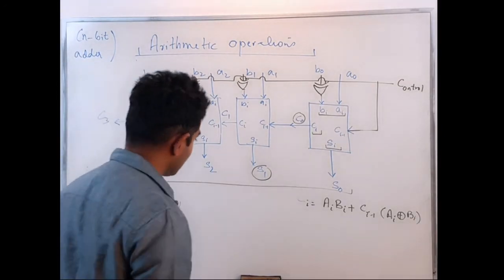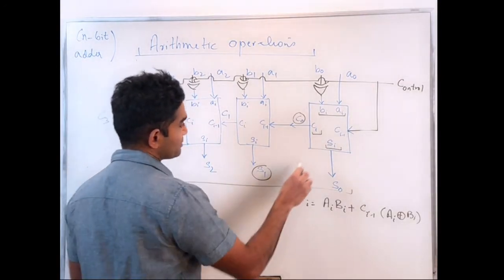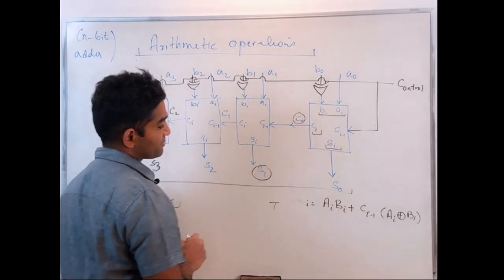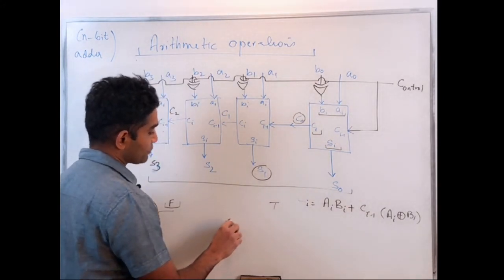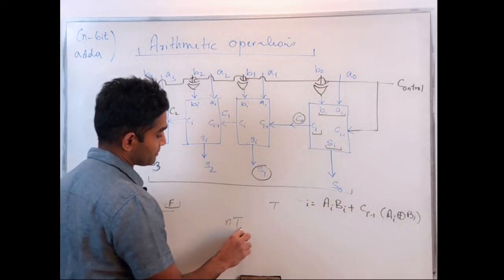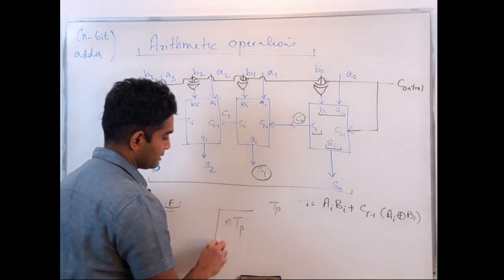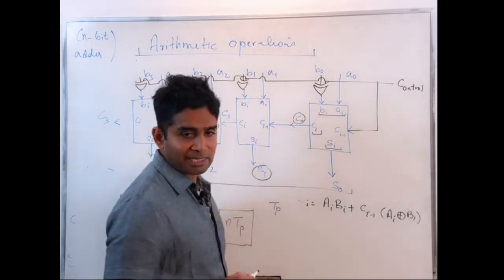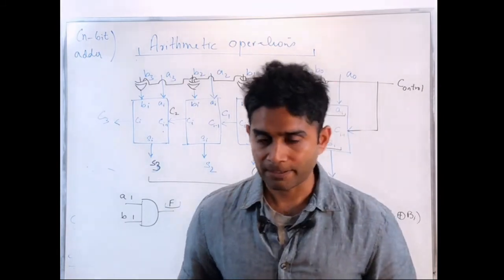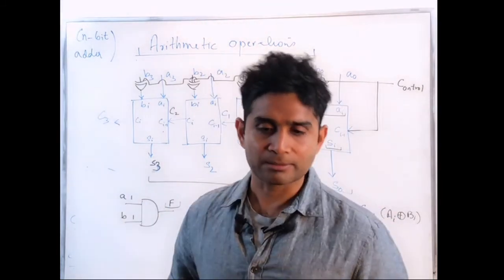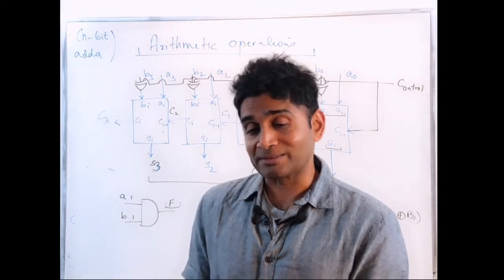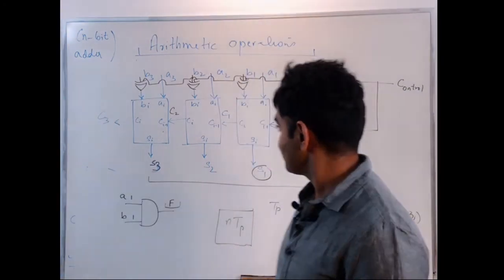Okay. So if my propagation delay is Tp for a single module, then with n modules the total propagation delay would be n times Tp. And again, you should be able to notice that for very large modules.